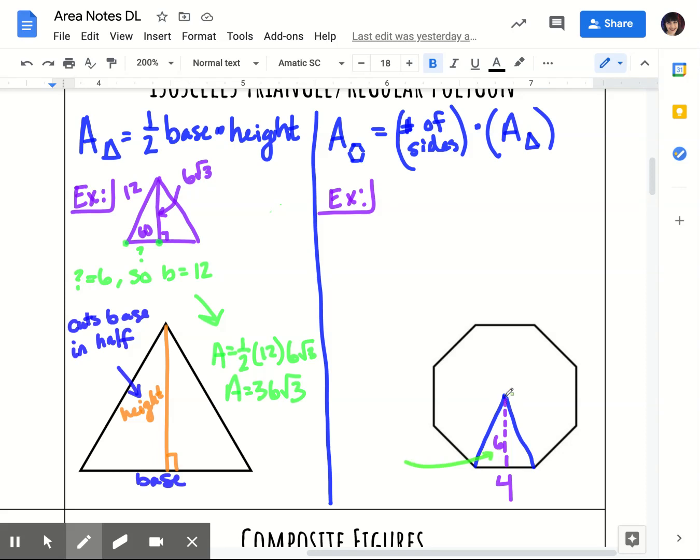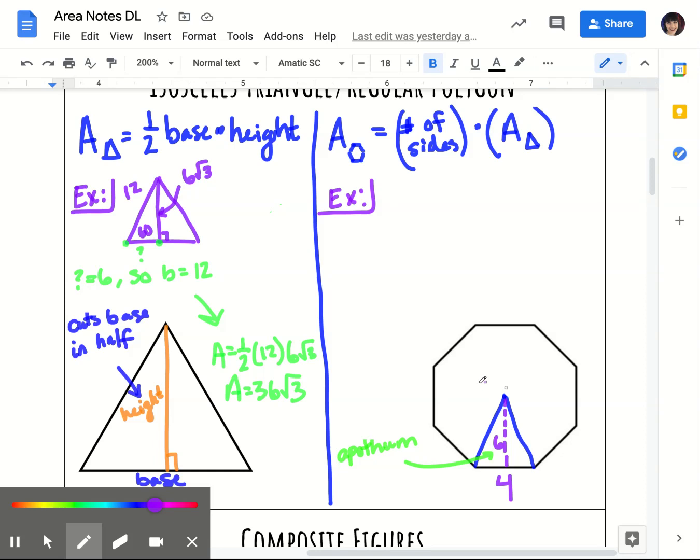This height of the isosceles triangle, which is also the distance from the middle of the shape to the edge, is called an apothem. No, I don't have a lisp. I'm not saying opossum with a lisp. It's apothem. That's actually what it's called. But really, I want you to think of it as the height of one of these imaginary isosceles triangles.